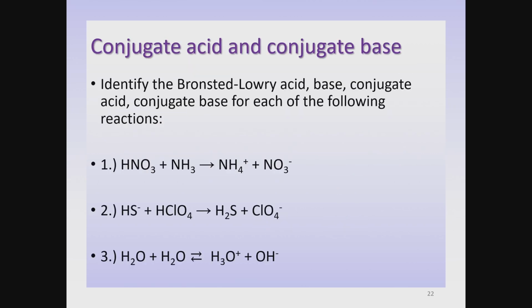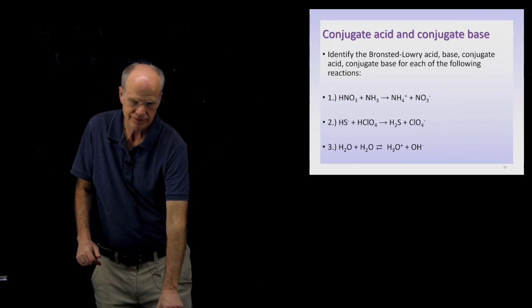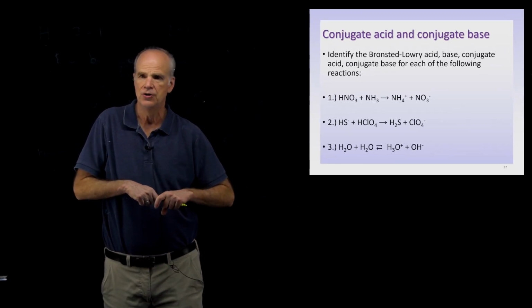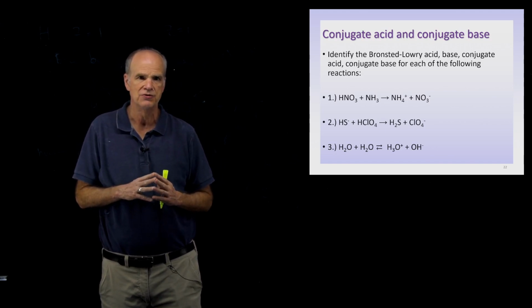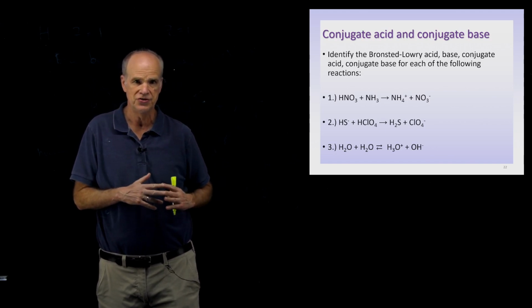So here I have some final problems. For these three reactions, identify the Bronsted-Lowry acid, base, conjugate acid, and conjugate base for each of the following reactions. So if I can decrease the slide. Okay, so you're going to have to get comfortable with doing this. Let's do these three questions.